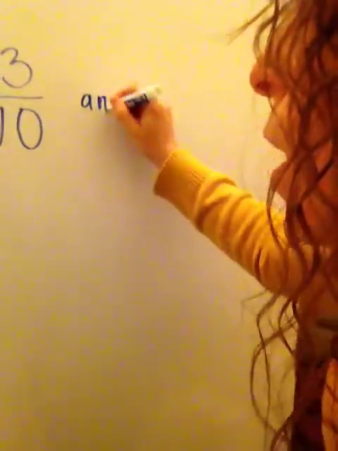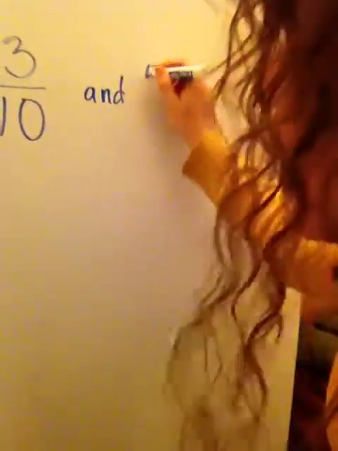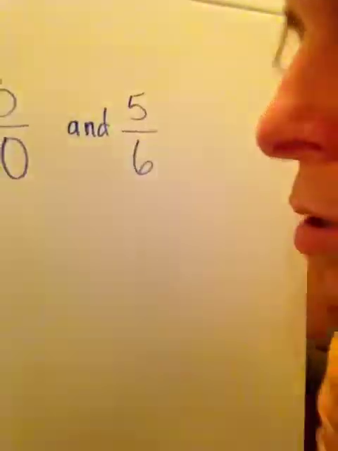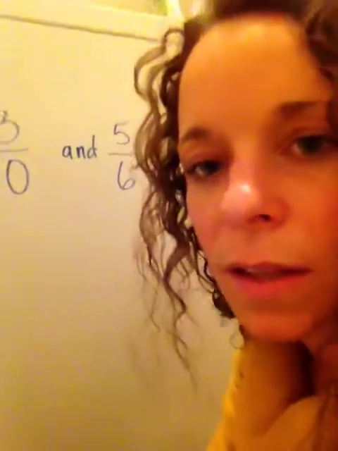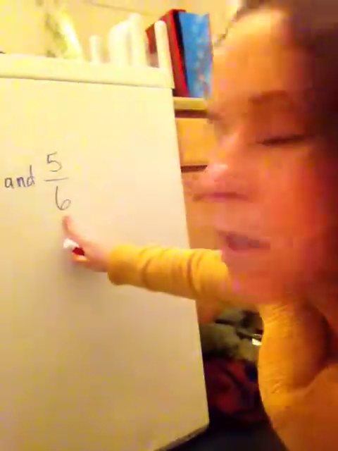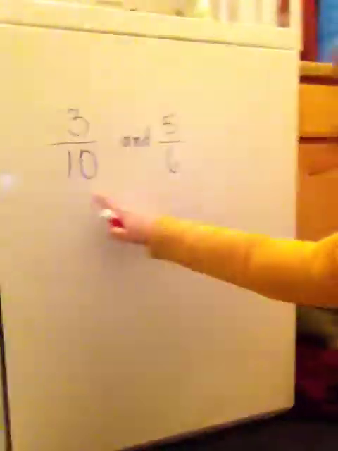So 3/10 and 5/6. So they want you to write them with equivalent fractions and get a common denominator. So they want the least common denominator. So again, your least common denominator is basically your least common multiple of your two denominators.